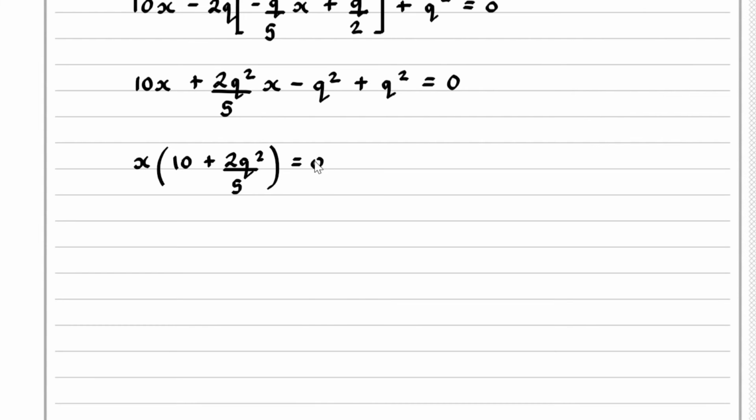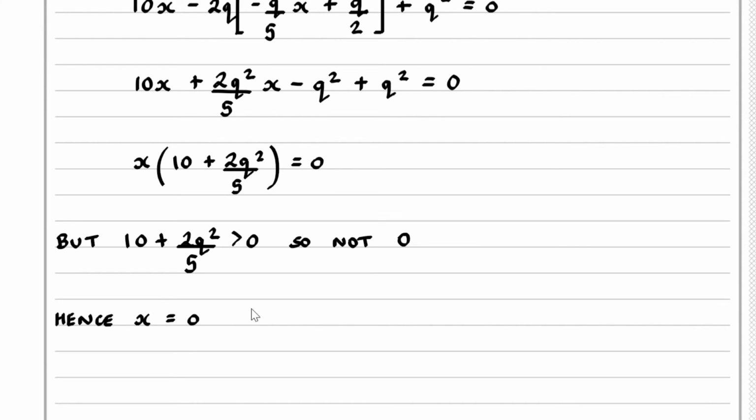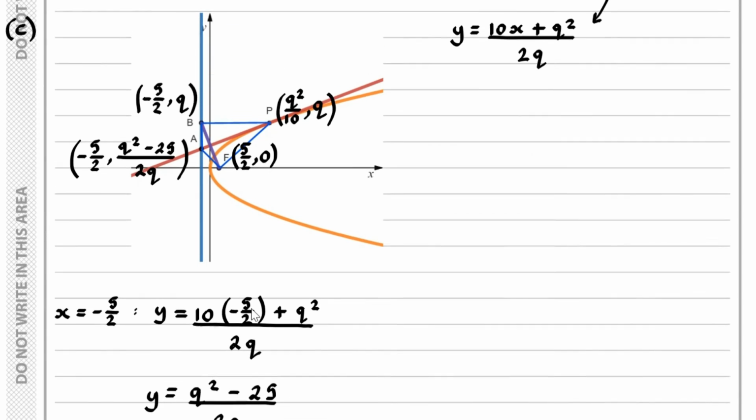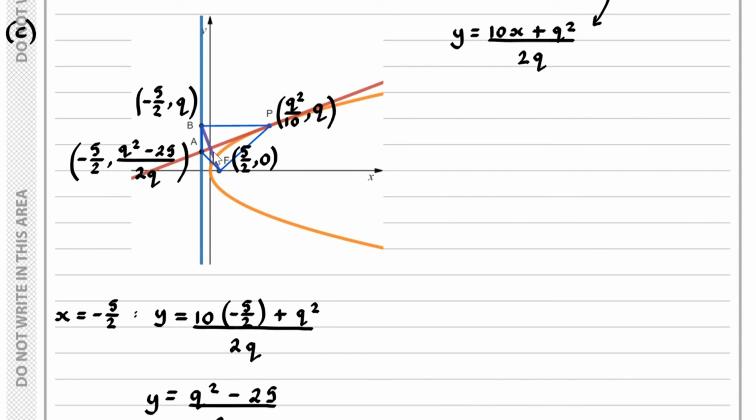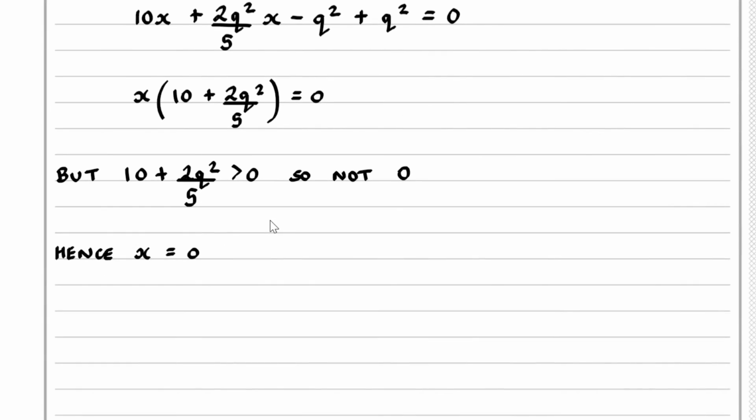This is equal to 0. Now the 10 plus 2q squared over 5, that's going to be greater than 0 because q is greater than 0. So this bracket is not 0, which means x is equal to 0. So what we're saying is this point here always has an x coordinate of 0, and therefore what we can say from that, the intersection would lie on the y-axis.